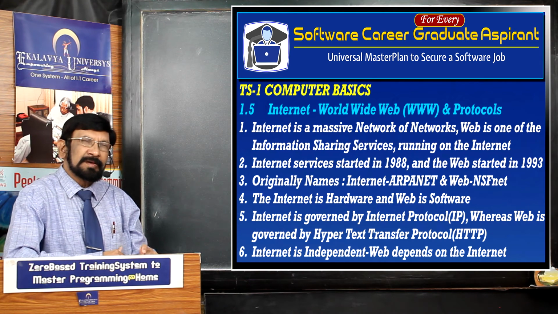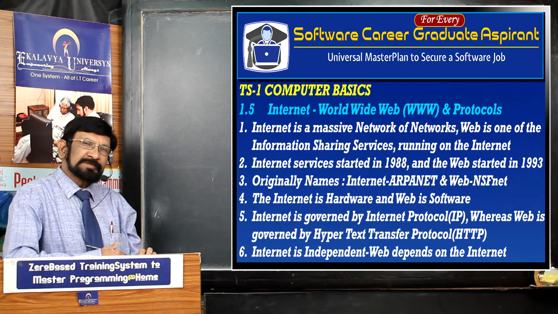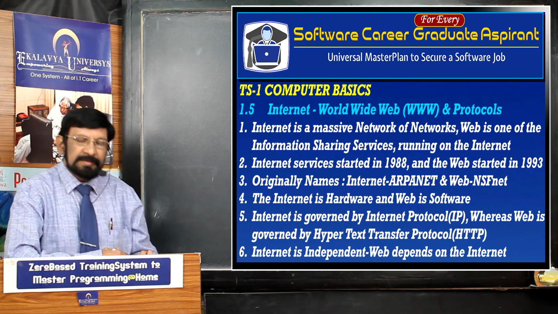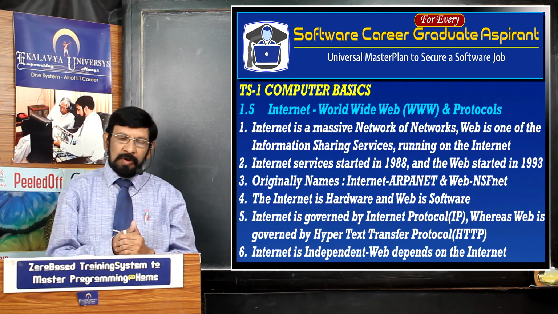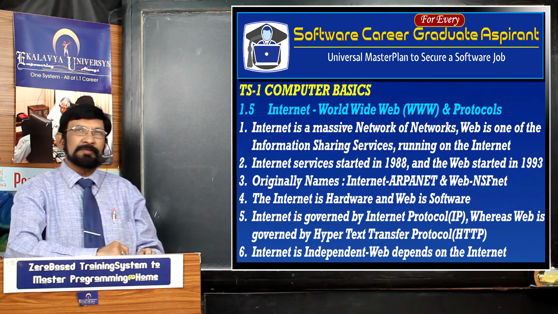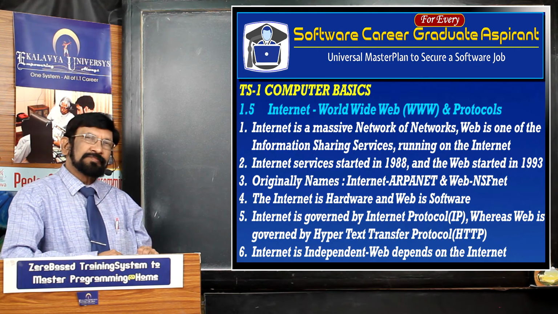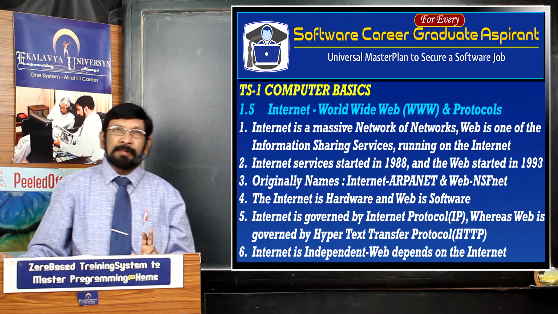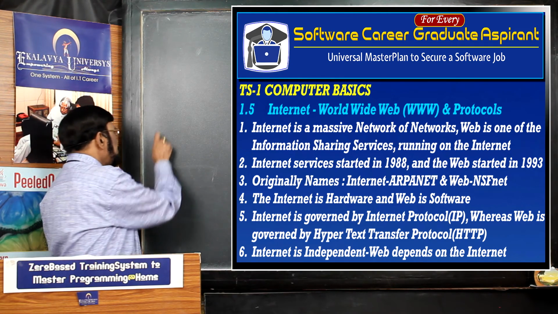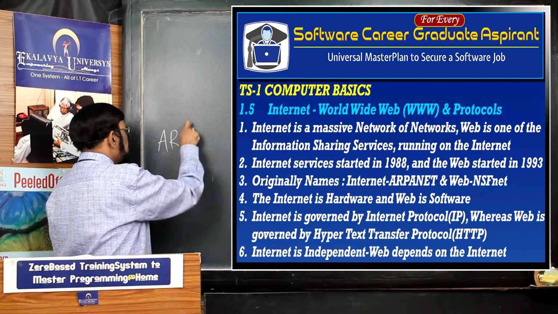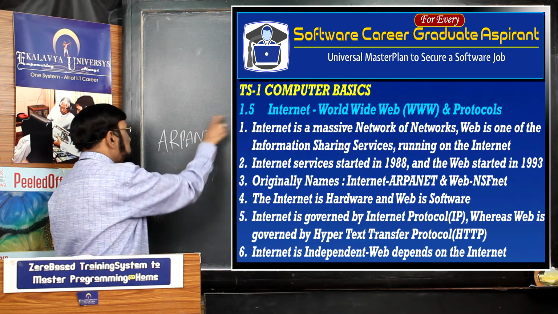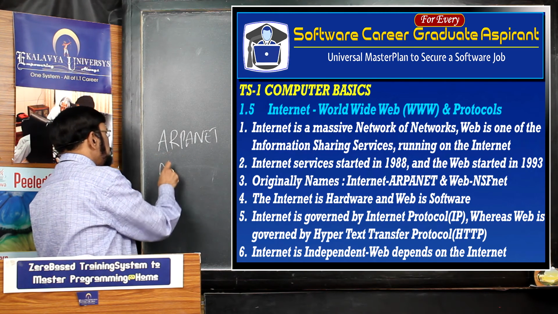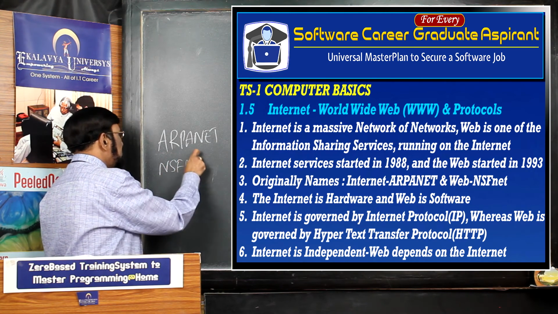The second one is, internet was first developed in 1988, whereas web was developed in 1993. After 5 years, it was developed. Originally, internet was called ARPANET, ARPANET, and web was called NSFNet.